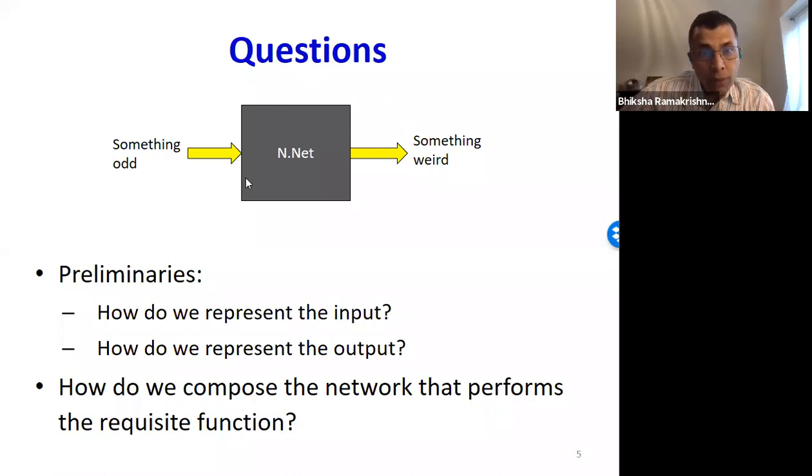It works off numbers. It takes in numbers and outputs numbers. So this means we have to worry about 2 issues. How do we represent these inputs, the speech signal or the image or the game state, and how do you represent the output, the transcription or the caption or the prediction for the next game state? So these are 2 topics we do have to worry about.